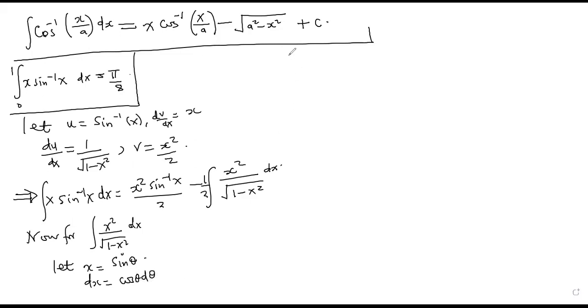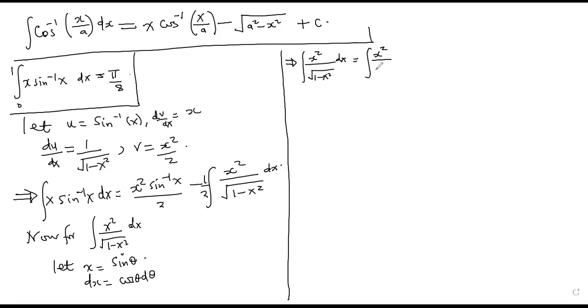So now we are going to say that this implies that my integral of x squared over root 1 minus x squared dx is going to be equal to x squared over, we say that x is sine theta, meaning that x squared is sine squared theta.